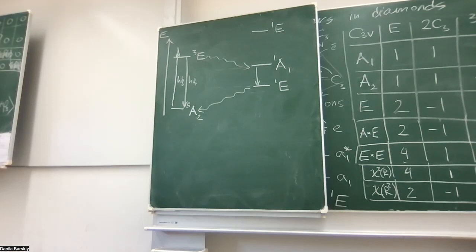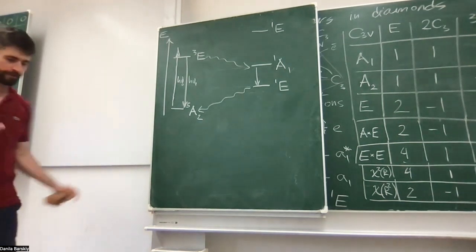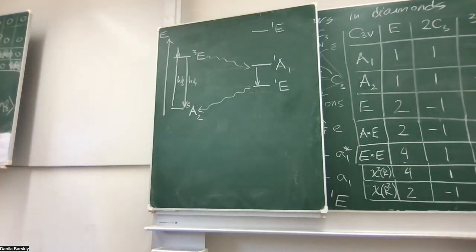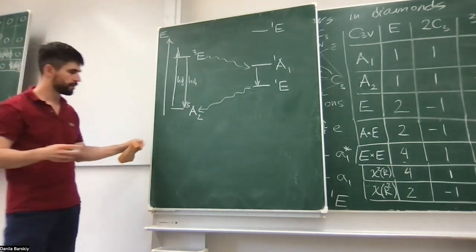So there are 2 electrons at each point experiencing electron repulsion. So the electron repulsion is one thing, but from the spin point of view, you have a term in the Hamiltonian like dipole-dipole interaction. 2 spins interacting through space.